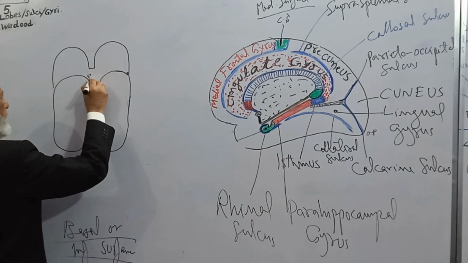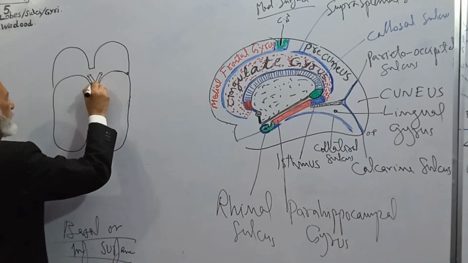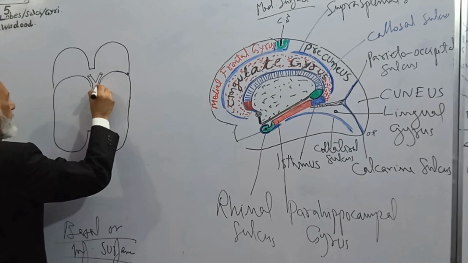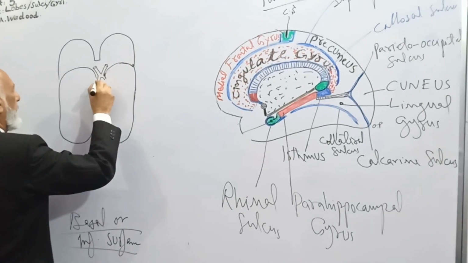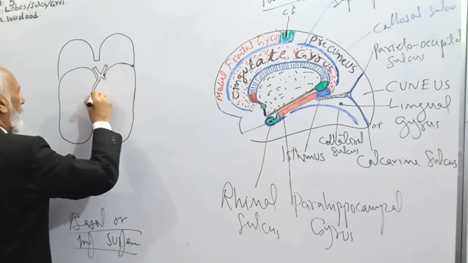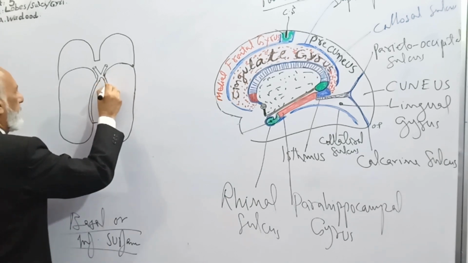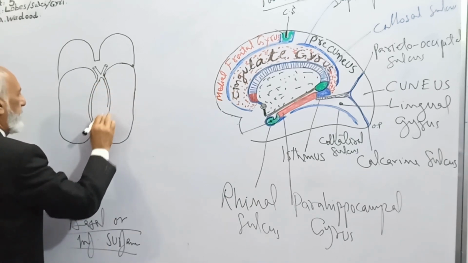For example, the optic nerves, remnants of the optic nerve, then the optic chiasma, then the right optic tract, the left optic tract.